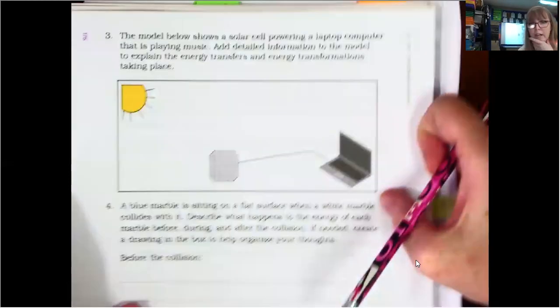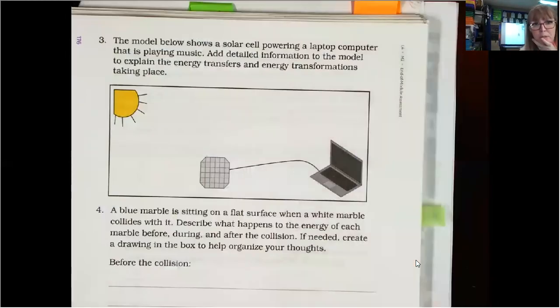Number 3. The model below shows a solar cell powering a laptop computer that is playing music. Add detailed information to the model to explain the energy transfers and energy transformations taking place.